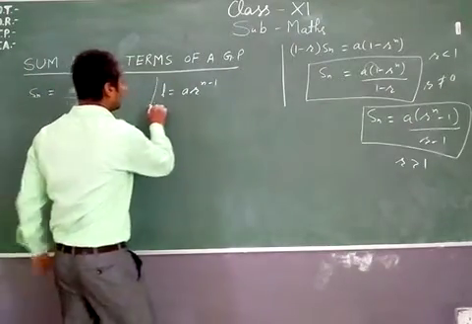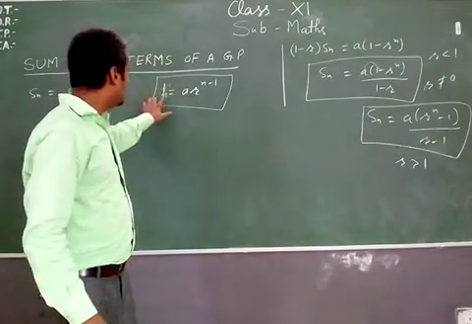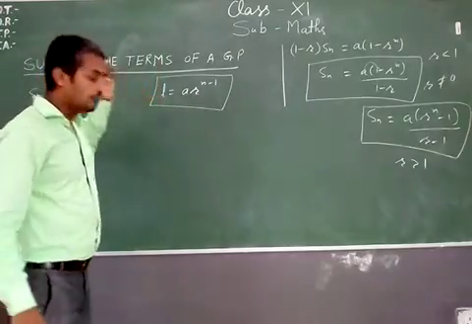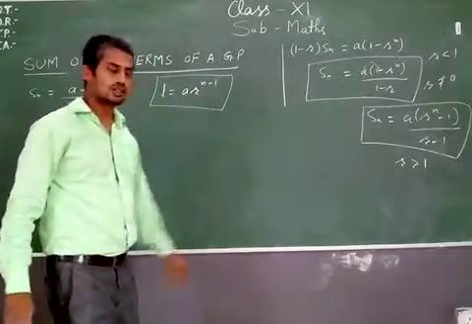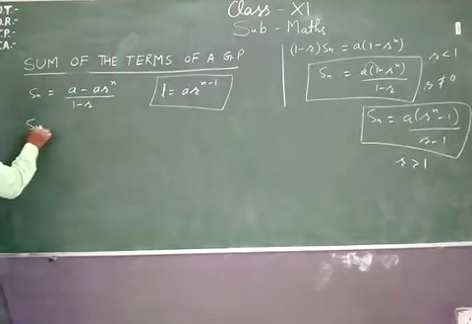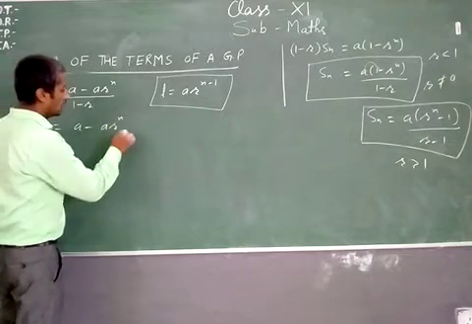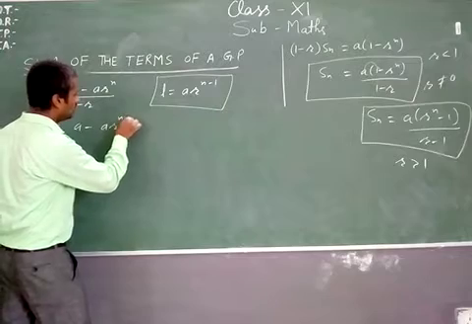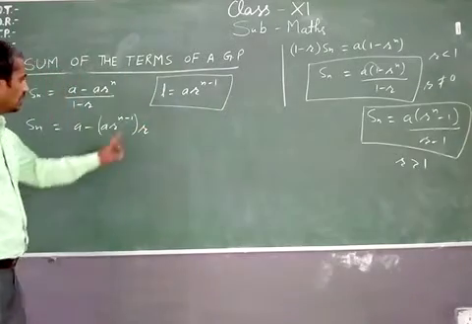But the formula for the last term in a GP is l equals a into r power n minus 1. We can make the formula for the sum in a GP in terms of the last term. Sn equals a minus a into r power n. We can write here, we can add one value and multiply by r.